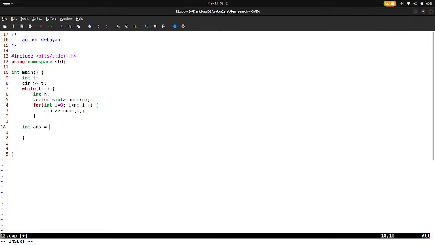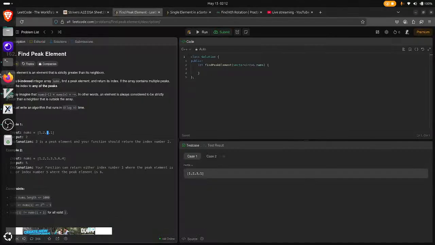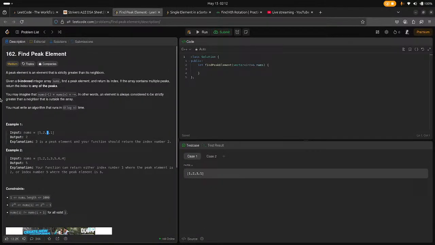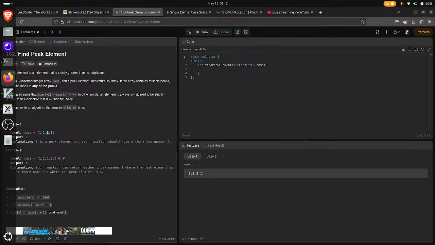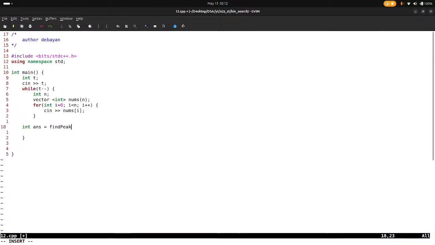And answer equals the value of find peak element, something like find peak element nums. That makes sense.